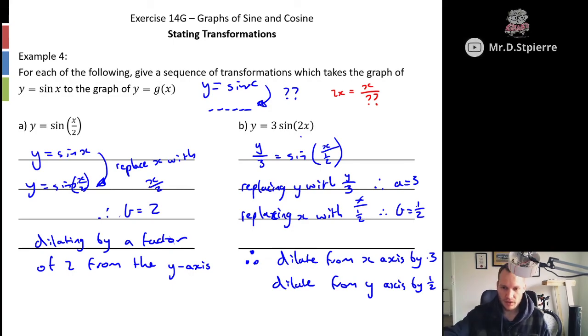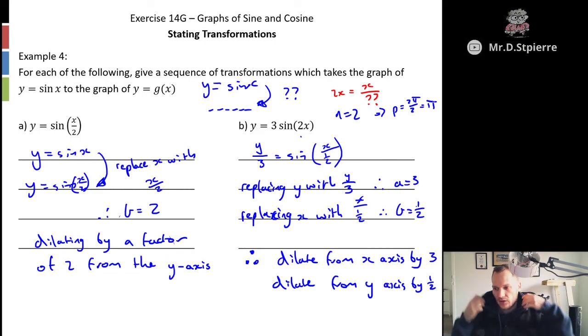And let's think about that dilate from y-axis by half. Because way back at the start, I said, well, 2, that's our n is equal to 2, so it follows on that our period is equal to 2 pi on 2, which is equal to pi. So our normal period of the most basic standard sin and cos functions, the normal cycle is 2 pi. If I cut that in half, what's my period now?